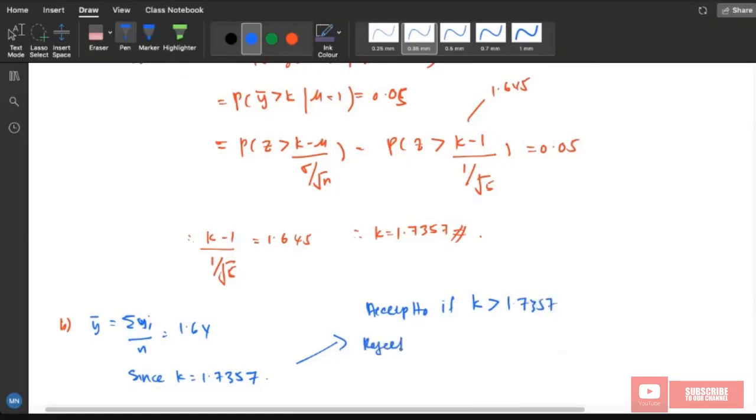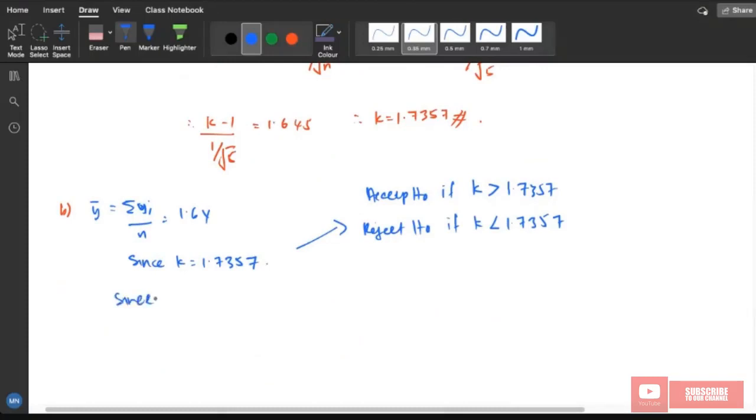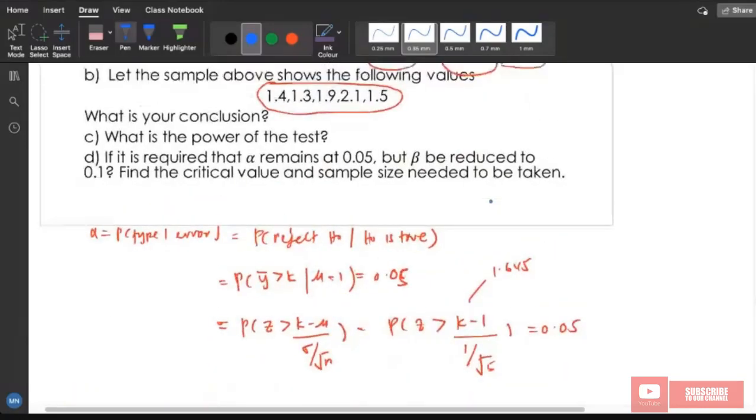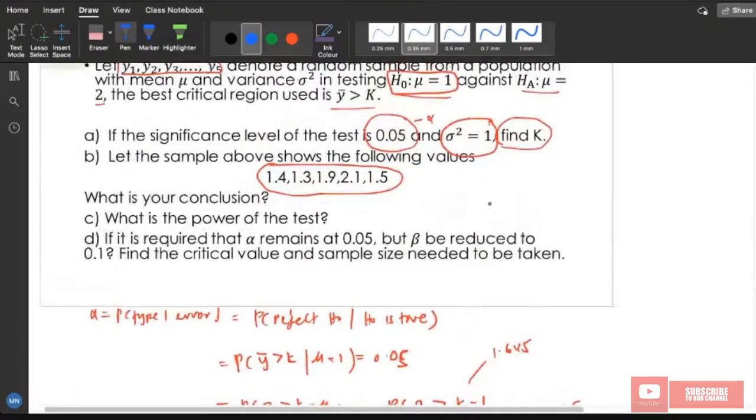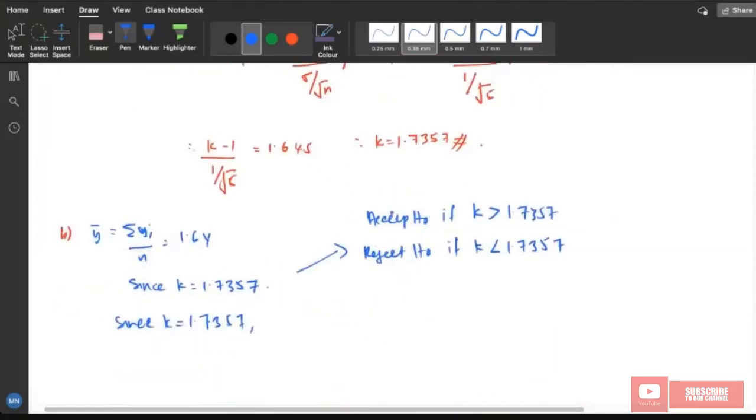We reject null hypothesis when k is more than 1.73.